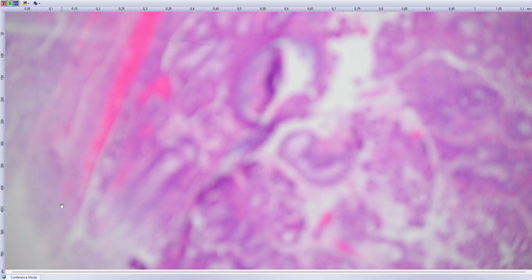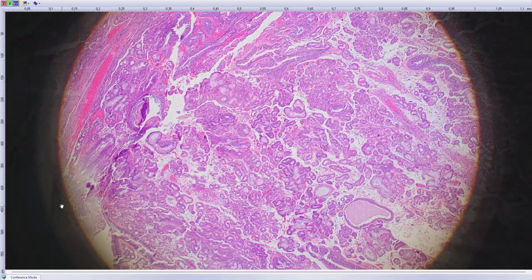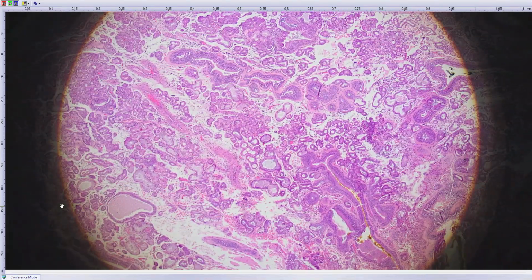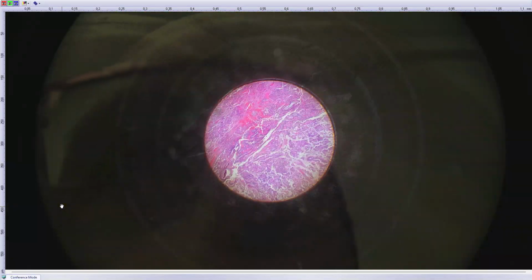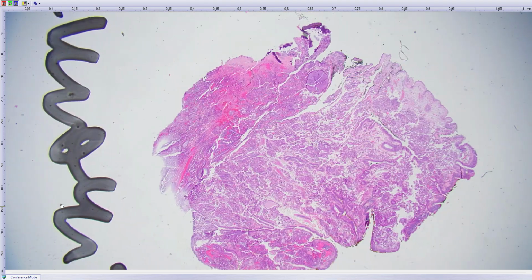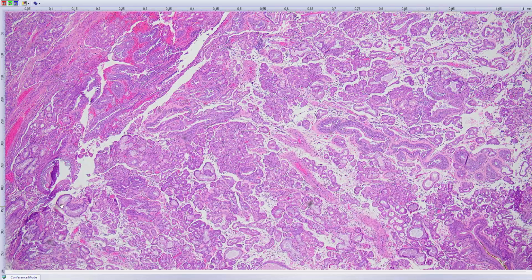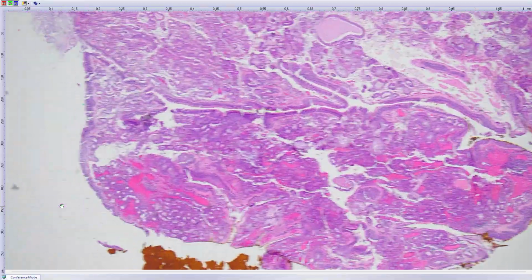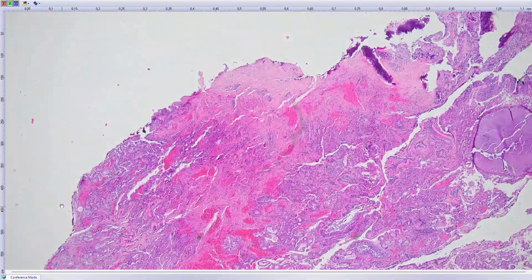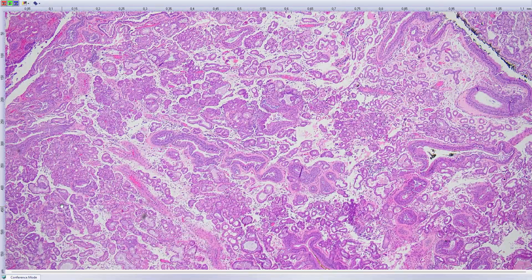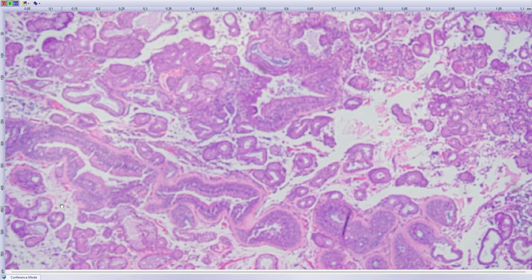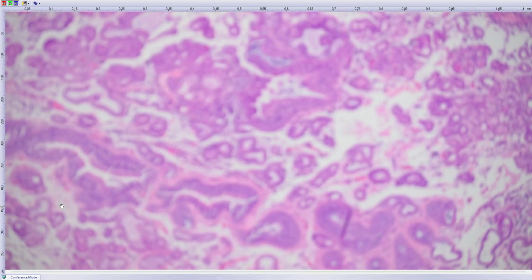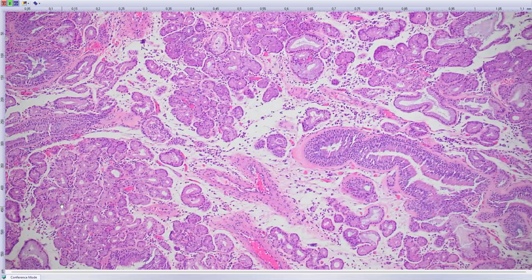Yeah, it's a nasal lesion. It was 2 times 3 centimeters big. Look at it. In my opinion, this is very often diagnosed by a referring pathologist as well-differentiated adenocarcinoma.